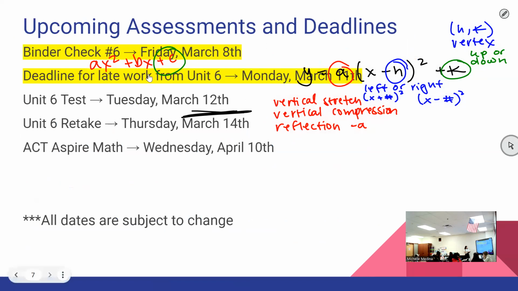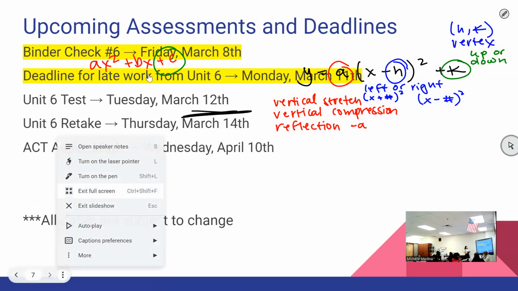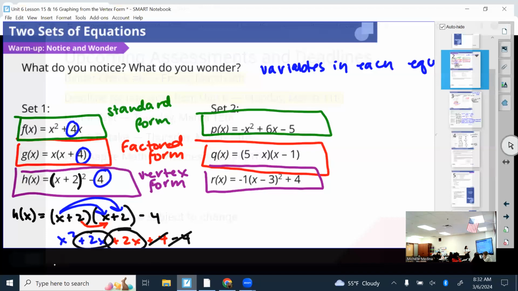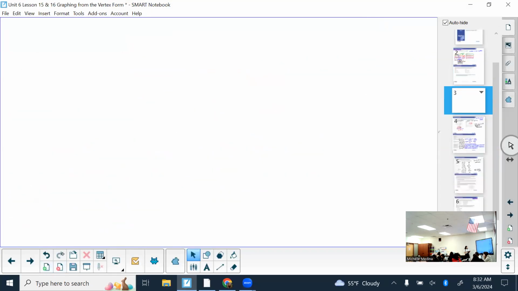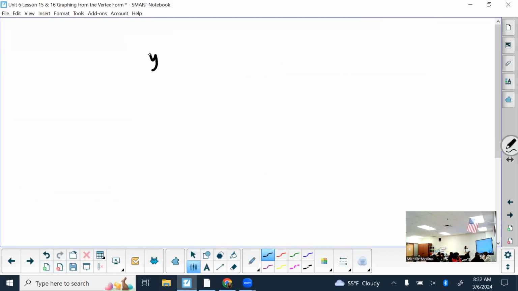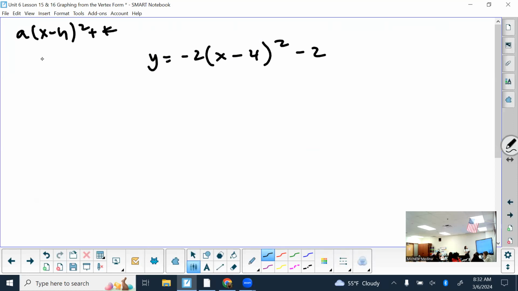So there's that. Let me show you, I promised a few examples of the vertex form. Let me add something in here. Okay, knowing that, and I'll put it up here as a reminder, knowing that our vertex is HK, think about what the vertex is if this is the equation you're given.